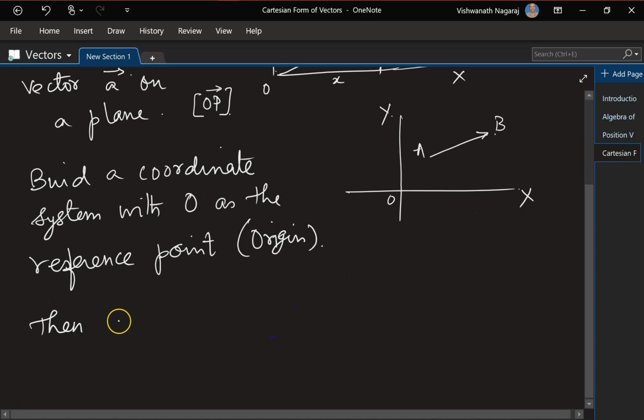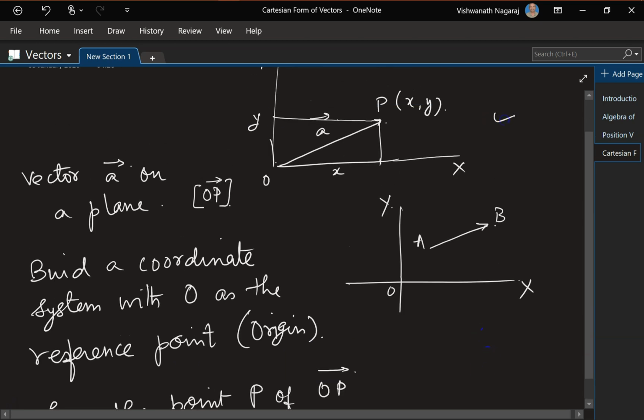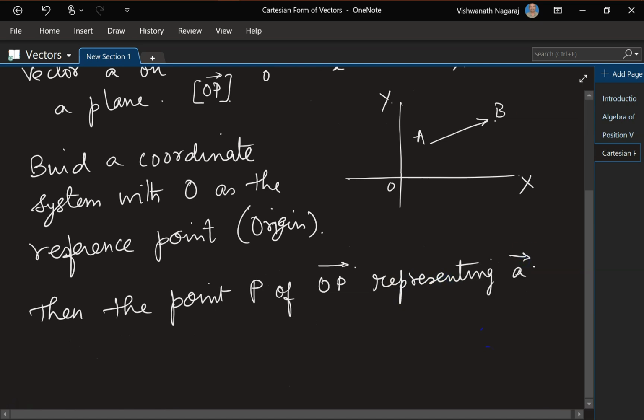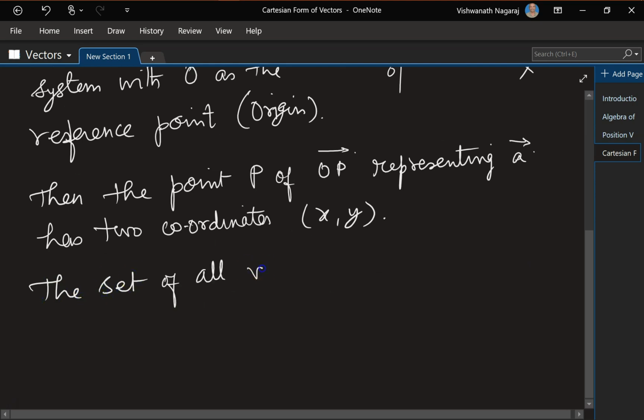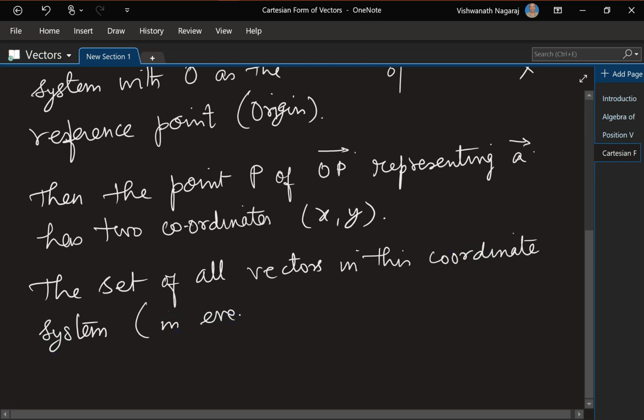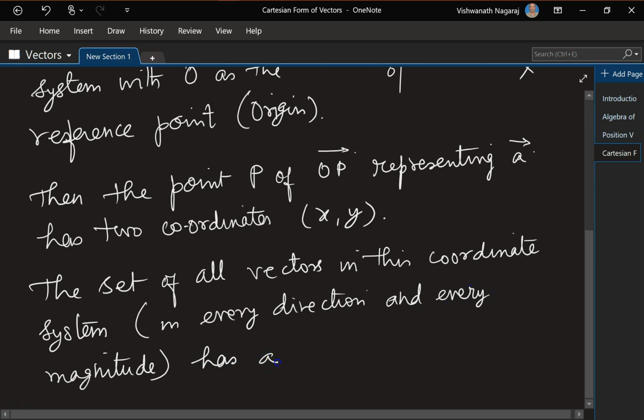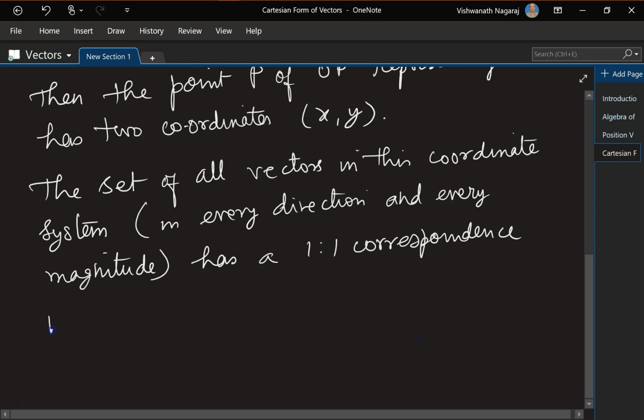Then the point P of OP in the first diagram, representing vector A, has two coordinates. The set of all vectors in this coordinate system, in every direction and every magnitude, has a 1:1 correspondence with the set of all points in the plane.